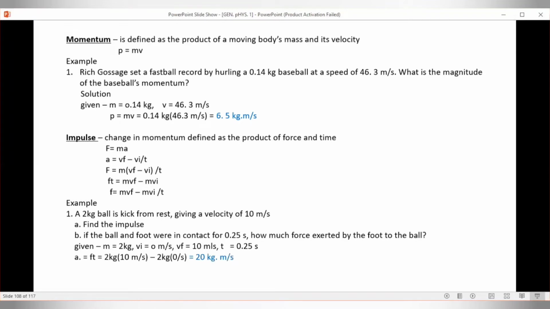For letter A, by substitution with the formula of impulse, force times time is equal to 2 kilograms times the final velocity minus initial velocity, 0 meters per second. Meters per second po yan. And you will get 20 kilograms meters per second.